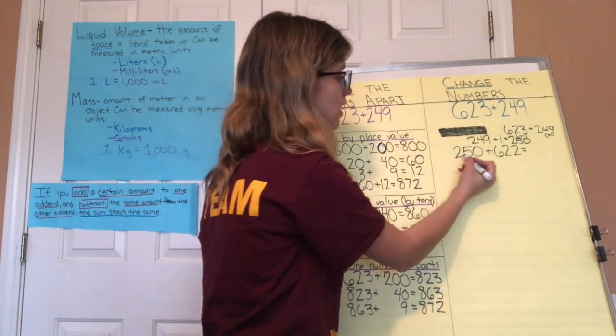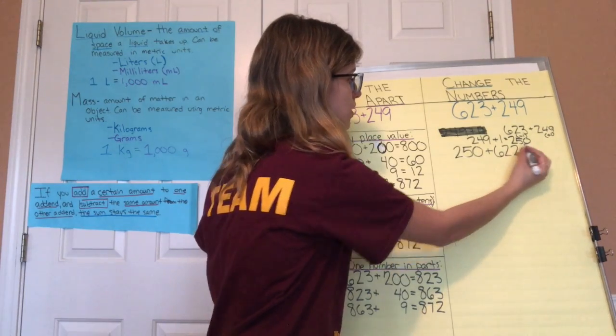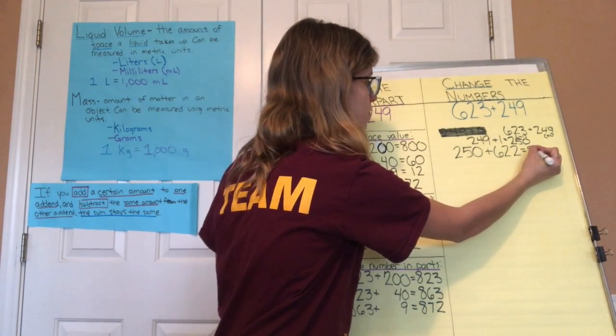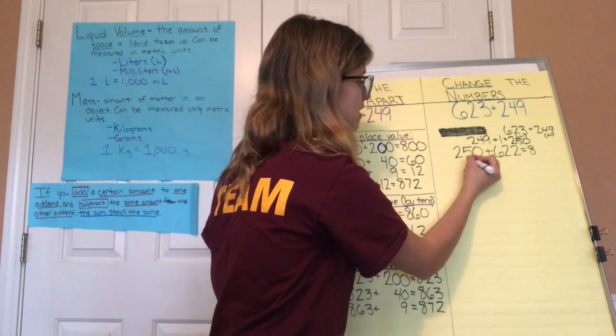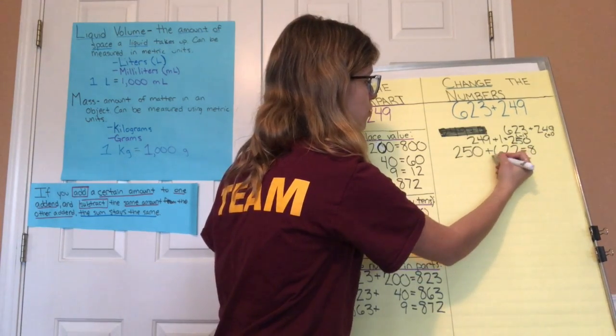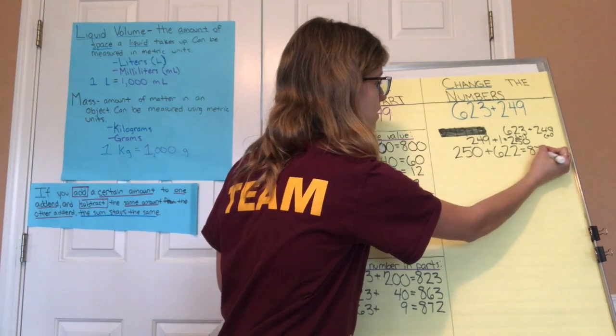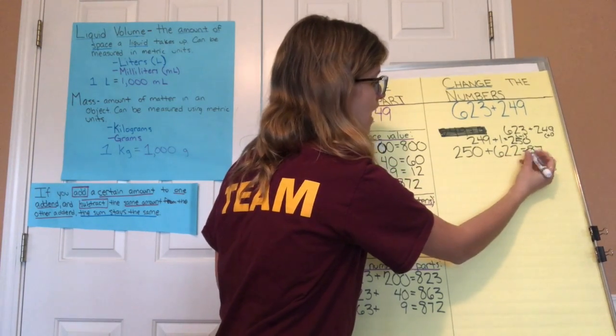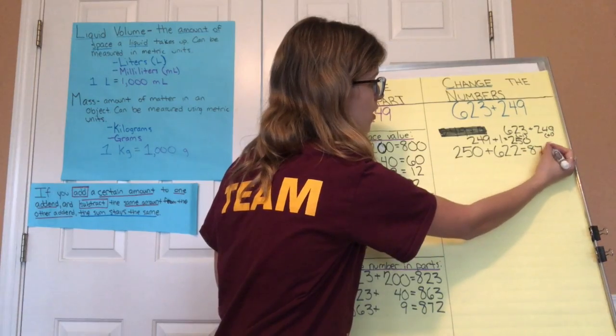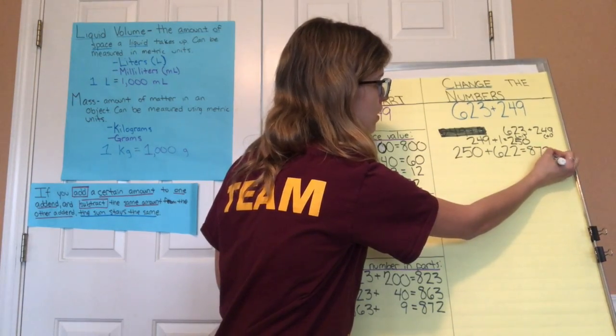So I can first look at my hundreds and see 800. And then I see 50 plus 20, which would be 70. And now I only have one thing in my ones place, which would be 2.